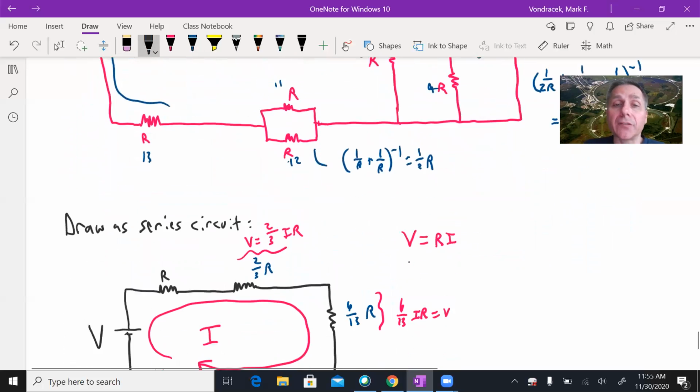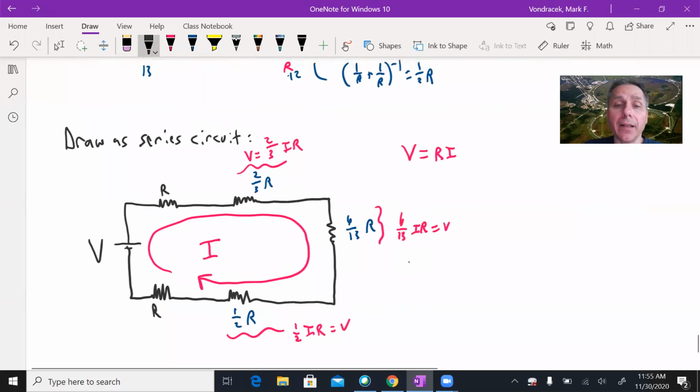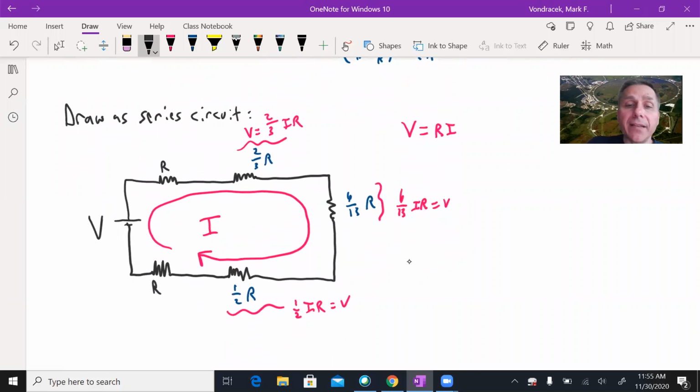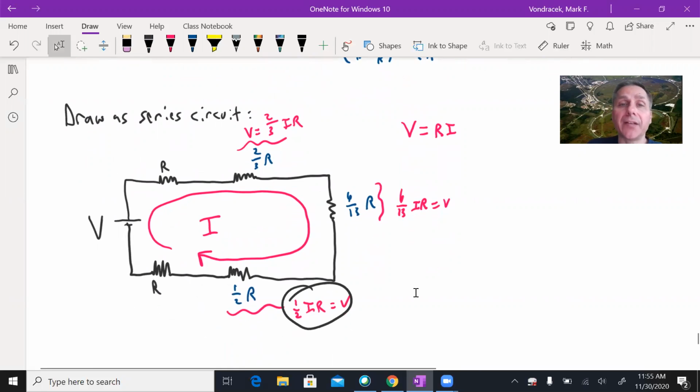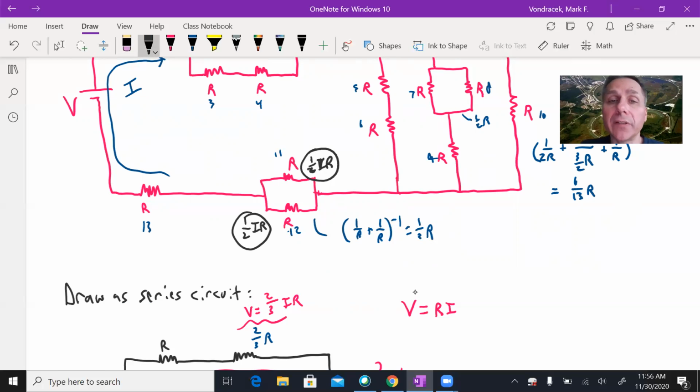So let's take the bottom one, that 1/2 R. I'm going to take this voltage down here and transfer it up here to say each of these resistors, each of these light bulbs, is at a voltage of 1/2 IR on the bottom branch and on the top branch, 1/2 IR. They're in parallel, they have to have the same voltage.